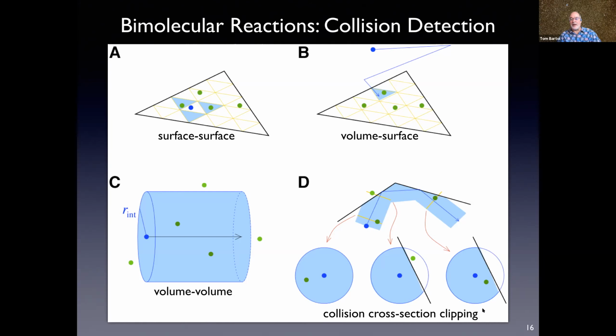MCell calculates the truncated area of the disk and uses the truncated area as the cross-sectional area in the reaction probability equation.